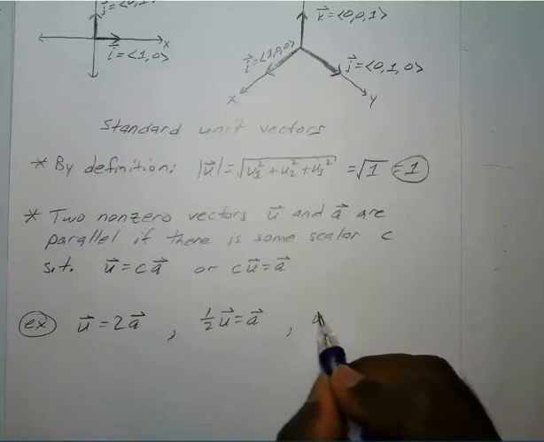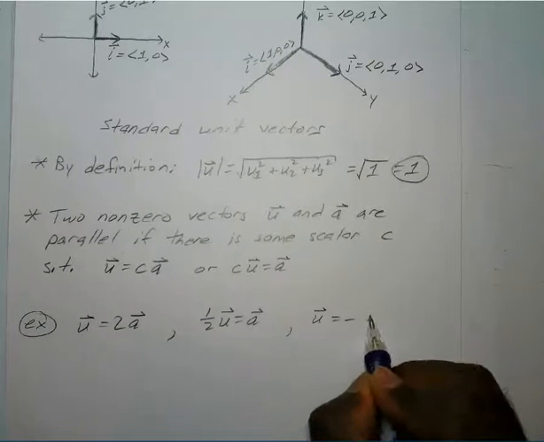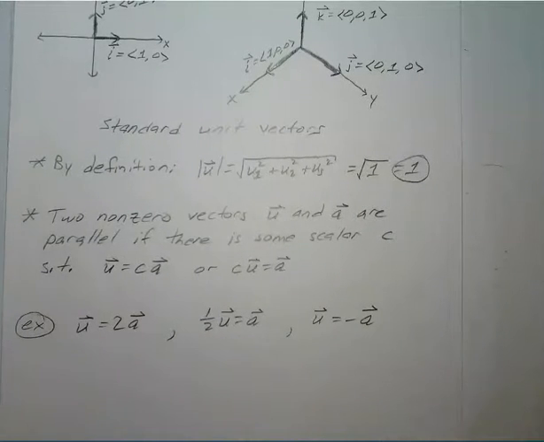Or even if the u vector is just equal to the negative a vector, u and a would be parallel. Okay, so that's something that would be pretty handy to know. All right, so if you are still writing, feel free to press pause, but we're going to go ahead and go to our next page.